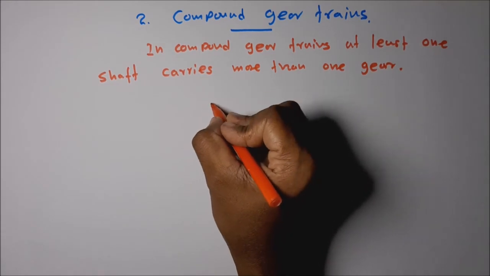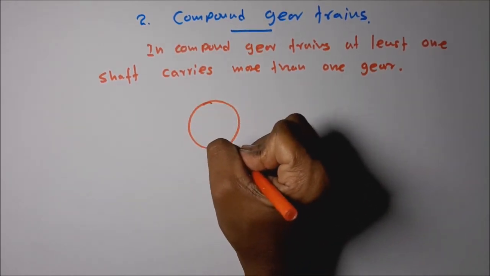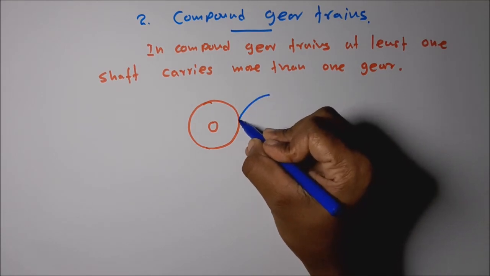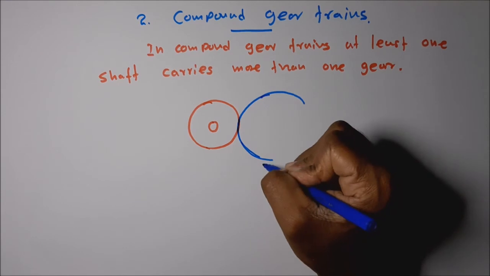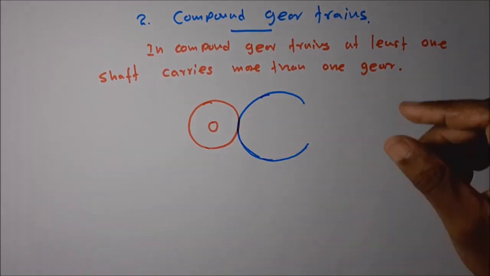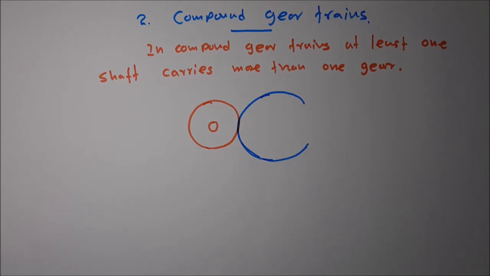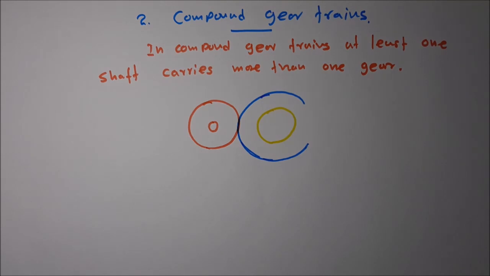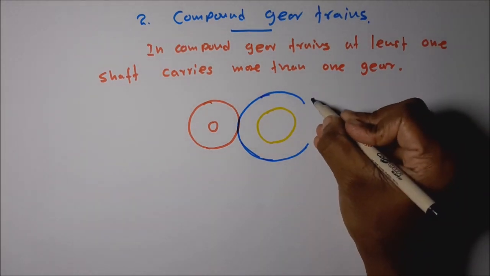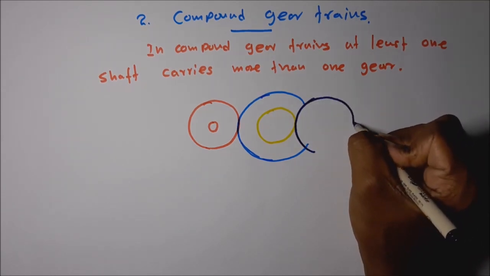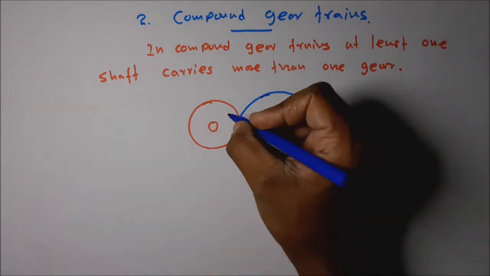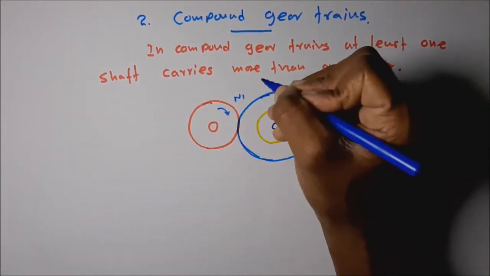So I will draw the diagram for this one. Let's take this as the driver, and another gear wheel. This is rotating with n1 speed.